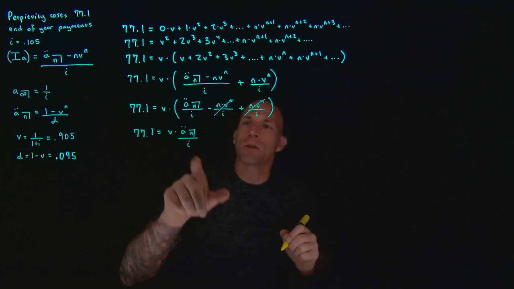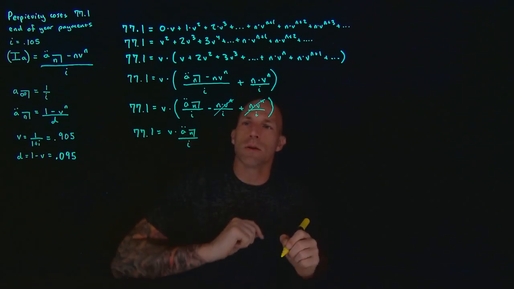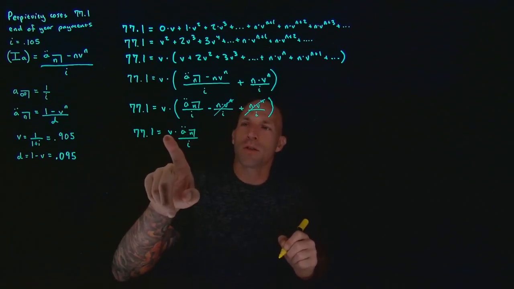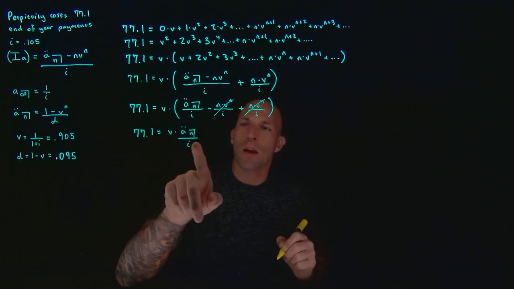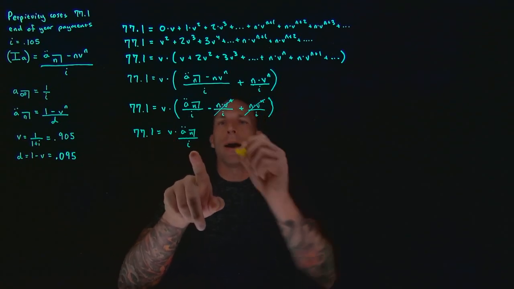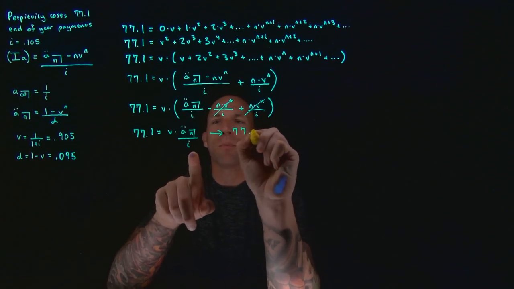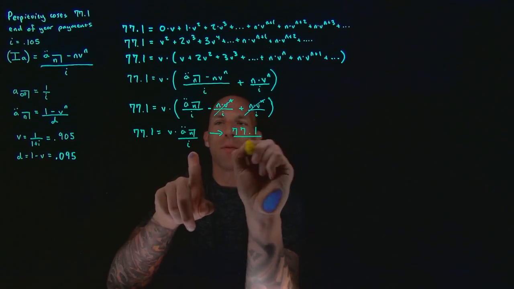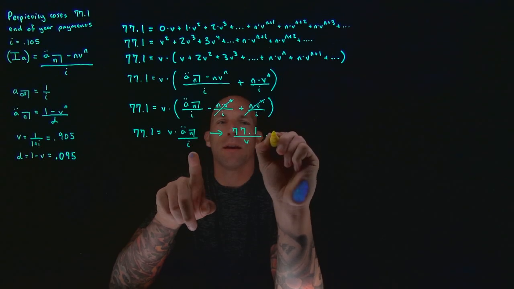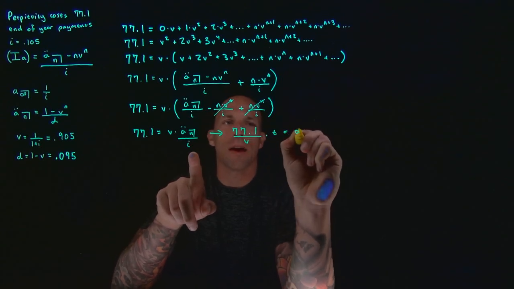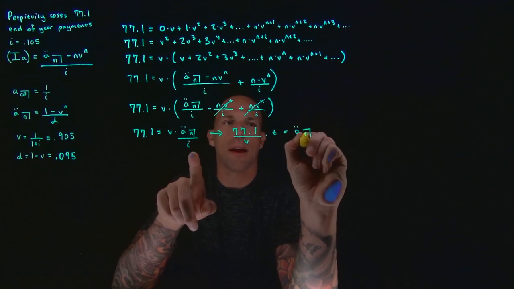And I'm just going to isolate this annuity symbol by dividing both sides by v and multiplying both sides by i. 77.1 divided by v times i equals a double dot n.